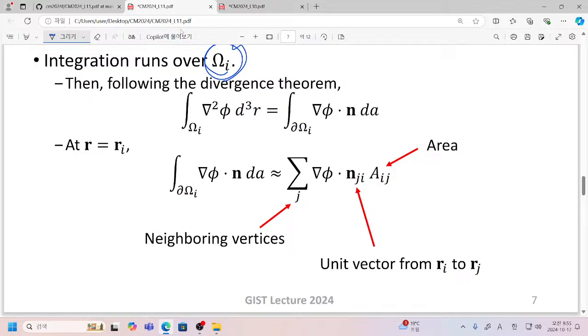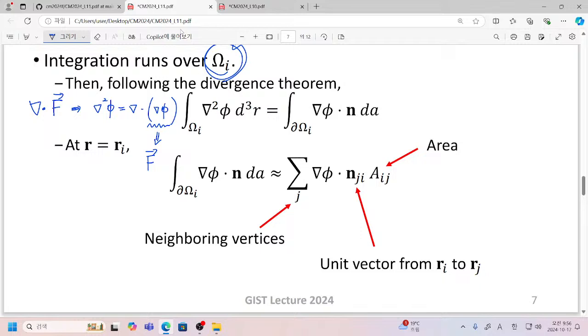Let's do it. The divergence theorem needs the form of the divergence of a certain vector field. Then how can we identify this vector field? Please note that in our case we must calculate the Laplacian, and the Laplacian can be expressed as the divergence of the gradient. So the gradient of our unknown variable phi is regarded as our vector field.